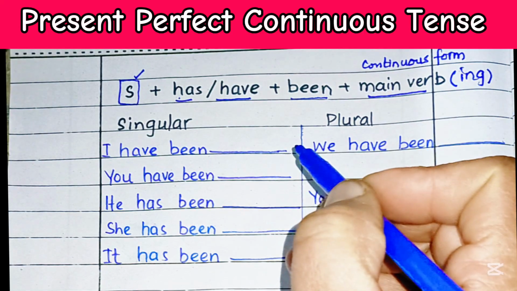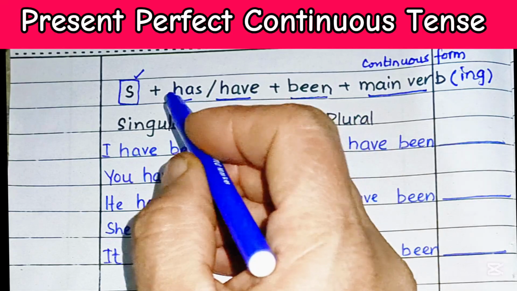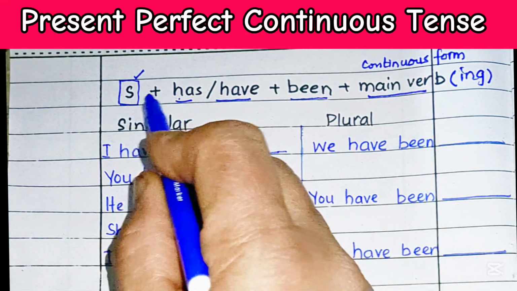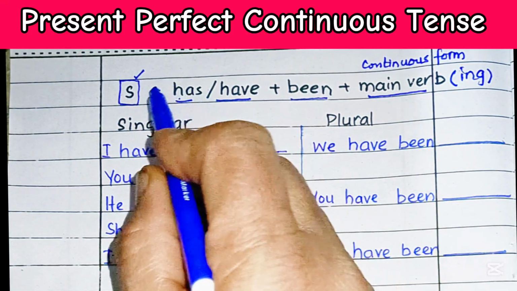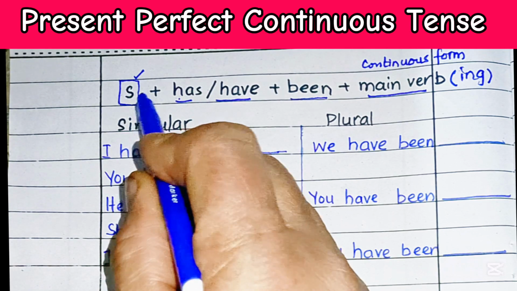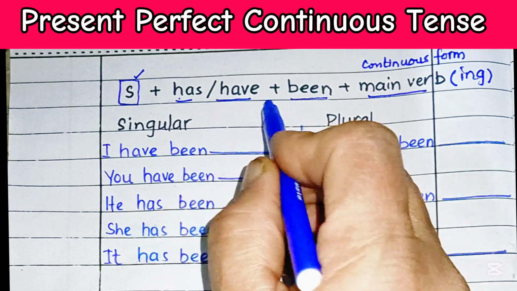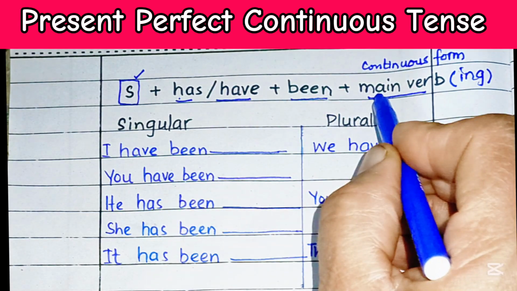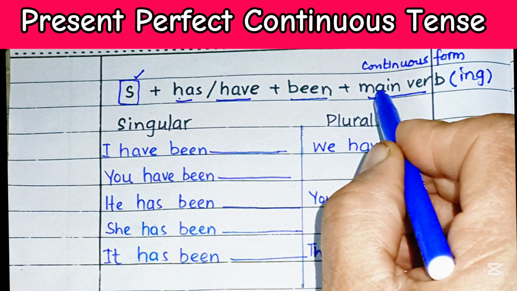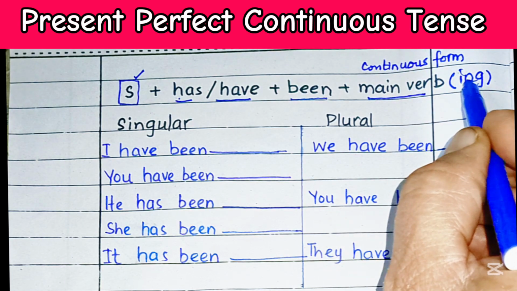We may call it V4 or present participle. So the structure remains: subject, followed by has or have according to the subject, then been, then the main verb in the continuous or ing form.